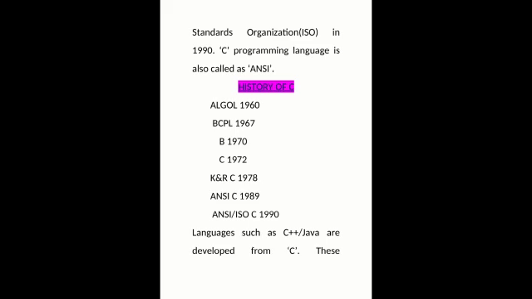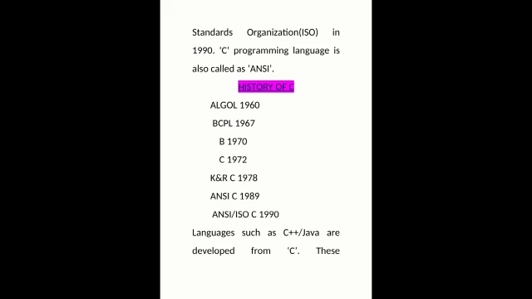Next, the C language was developed in 1972. Next, K and R C was developed in 1978, and ANSI C was developed in 1989. Now ANSI or ISO C was developed in 1990.